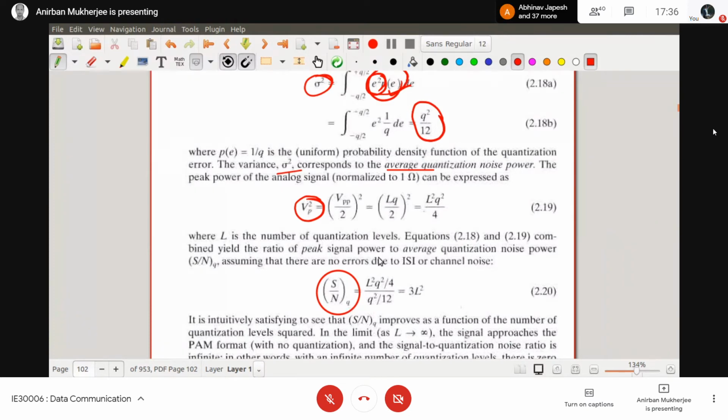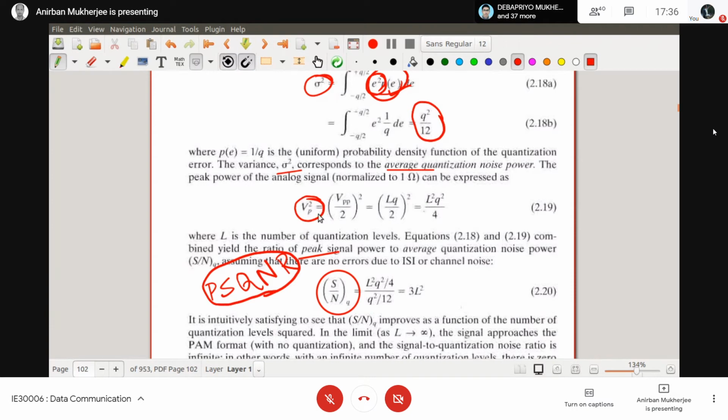Now please try to understand, it is the ratio of peak signal power to noise power. Sometimes we say PSNR, or peak signal to quantization noise power ratio, PSQNR.